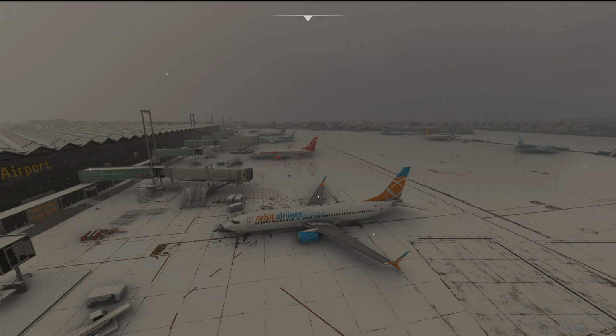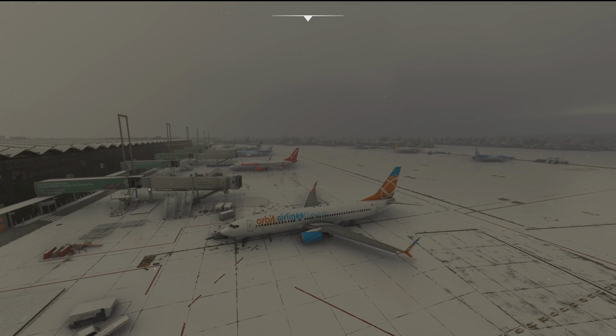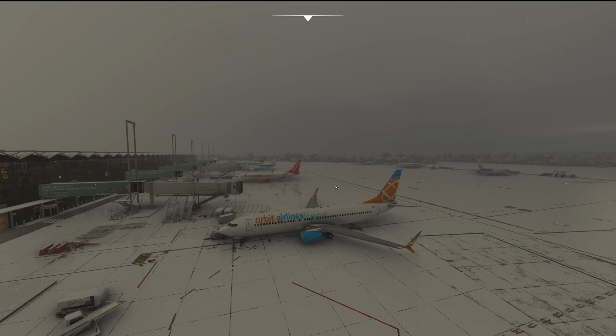The other way to determine if it's needed in Flight Simulator is simply by looking at the outside conditions. What we can say is, with the temperatures at 0 degrees or below and precipitation, we definitely need to de-ice the aircraft. And in snowy conditions, we will for sure need to do the same.